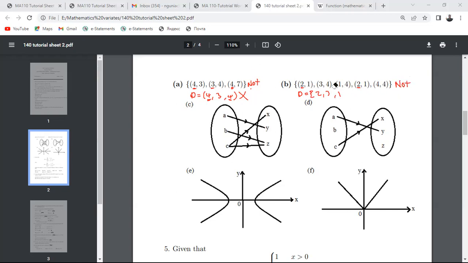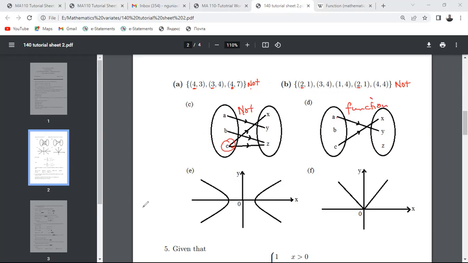Okay, then let's go to C. Automatically from C, you can see that there are 2 arrows coming from here. It's mapping to 1 and also Z. So even this C is not a function. Then we come here, so this is a function.